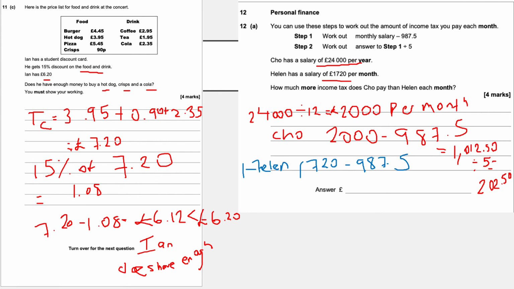And then I'm going to divide my answer by 5. So once I worked out my answer and divided it by 5, I get £146.50.